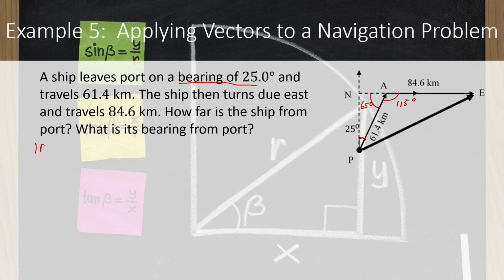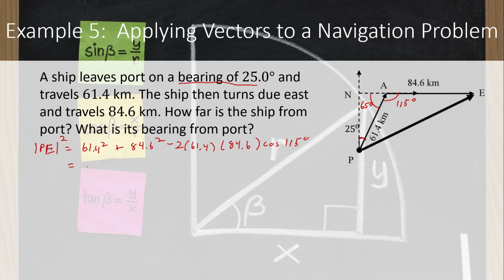The magnitude of the vector PE squared is going to be equal to the magnitude of this vector, 61.4, squared, plus 84.6, this vector squared, minus 2 times 61.4 times 84.6 times the cosine of 115. This is the magnitude squared, I apologize, I did that again.